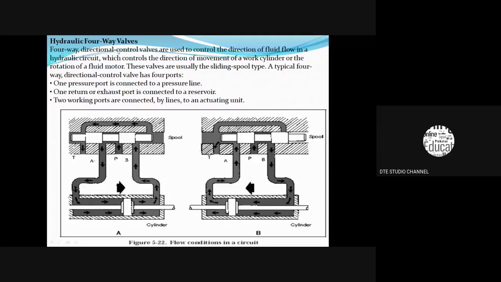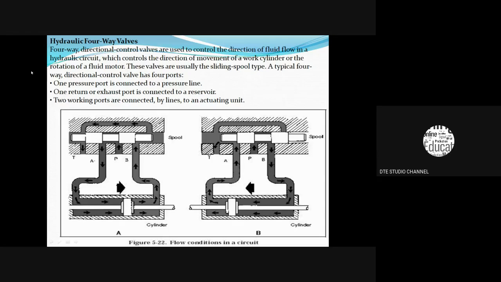4-way DC valves are used to control the direction of fluid flow in a hydraulic circuit, which controls the direction of movement of a work cylinder or the rotation of a fluid motor. There are 2 types of actuators, cylinder and hydraulic motor. These valves are usually the sliding spool type.